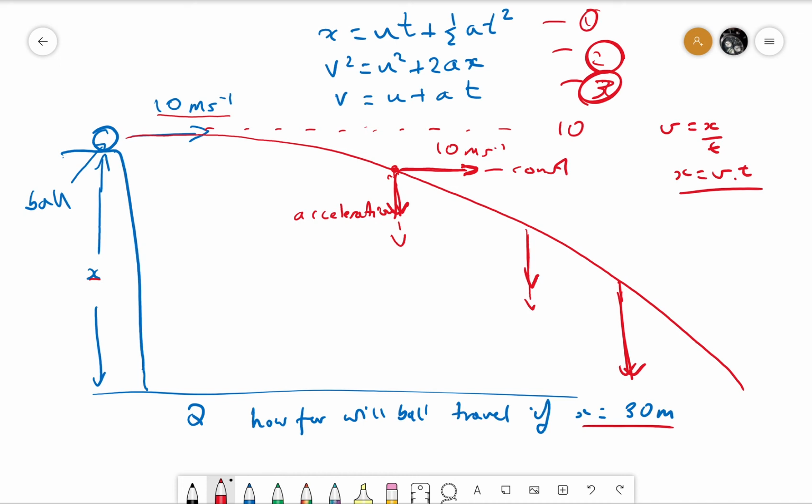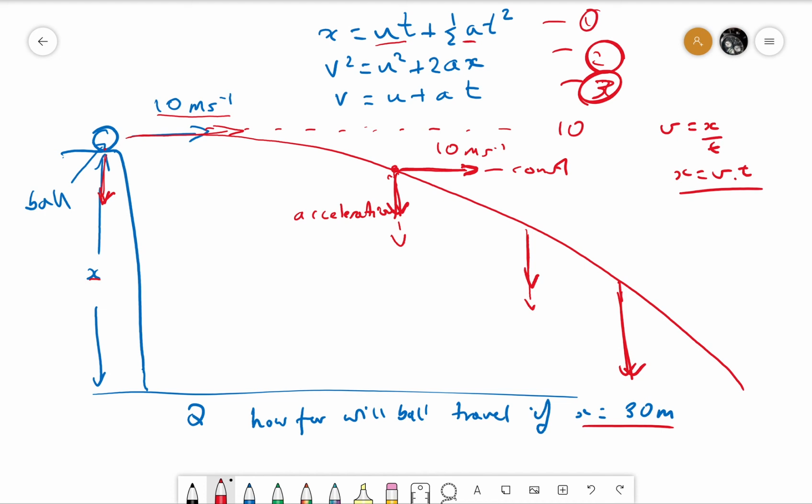We have x equals ut plus half at squared. Now u is the initial velocity of my ball, but it's in the direction of the acceleration. And I think you can see this ball here, the initial velocity has no velocity at all in the direction of the acceleration. It has got a velocity here, but that is not in the direction of the acceleration, which is down.